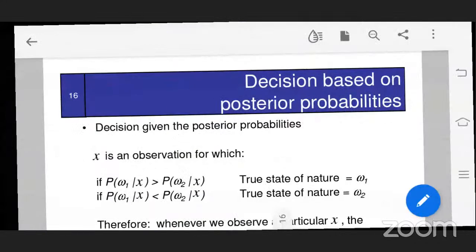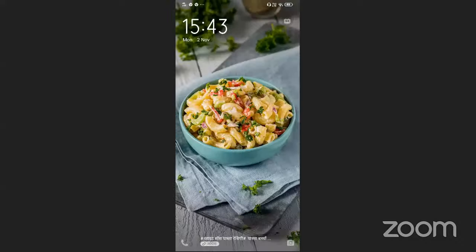A more practical situation: a person who is diseased may be identified as healthy by the system, and a healthy person can be declared as diseased by the system. So errors do happen.